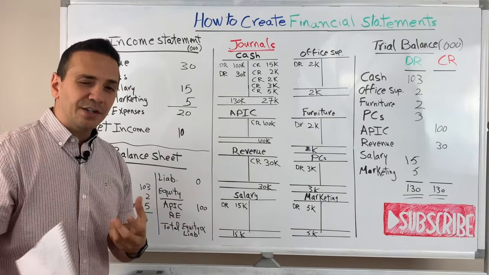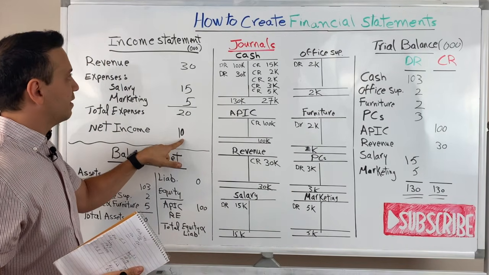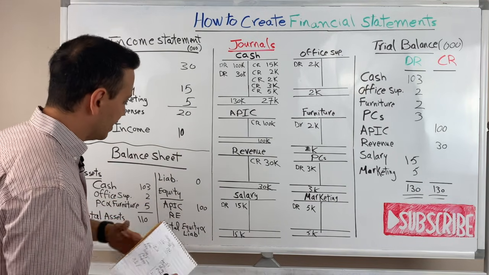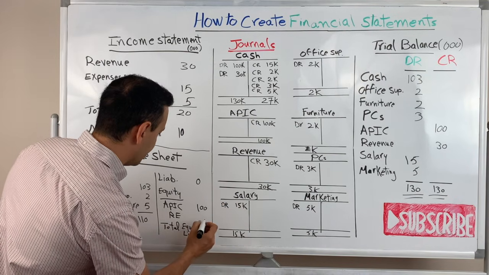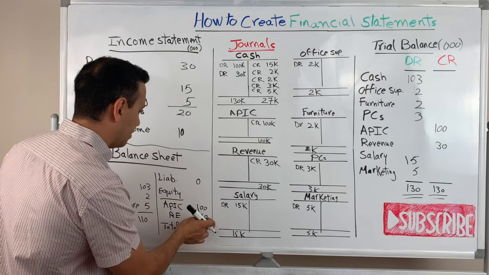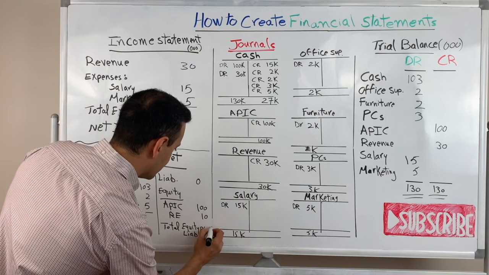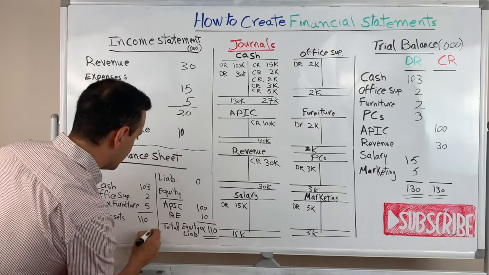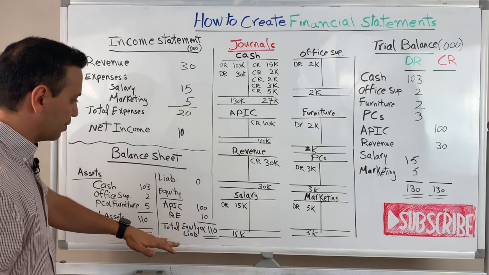And what were the earnings in this month, the first month of operation? It was the 10,000 net income that we had. So that becomes retained earnings, which increases the equity of the owner. So retained earnings, that's 10. And if you add up APIC 100 plus 10 is 110, which would balance with total assets. And now your assets and liabilities plus owner's equity are balancing.